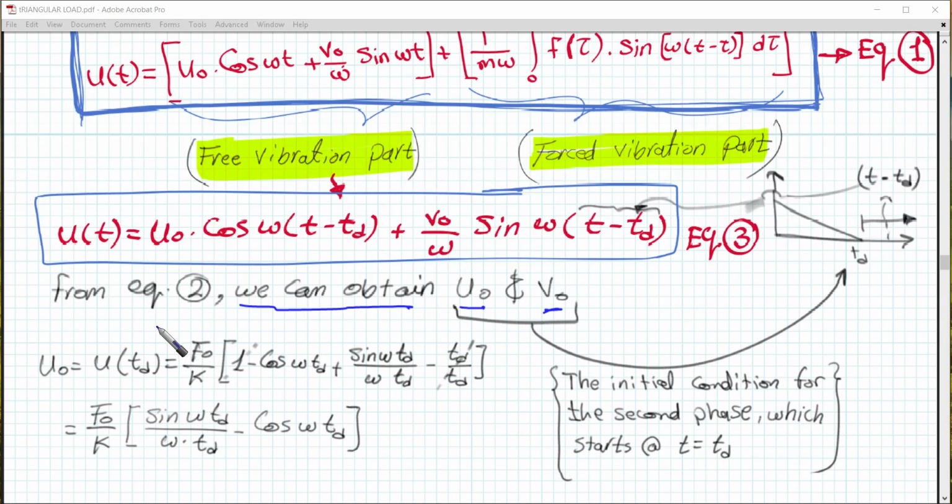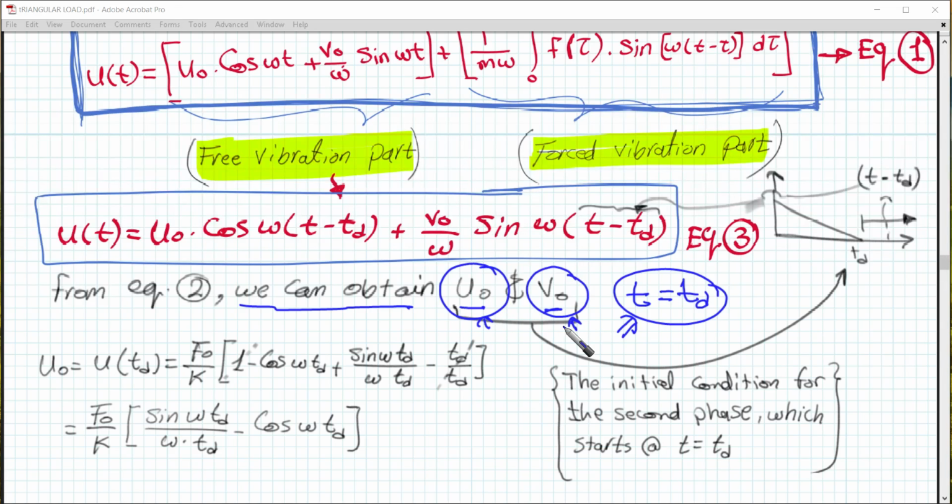If we have the equation for the response, we can derive it and get v node, which is u dot, and then we can put t equal to TD. This would give us the initial conditions at the end of the forced vibration phase and the beginning of the free vibration phase.